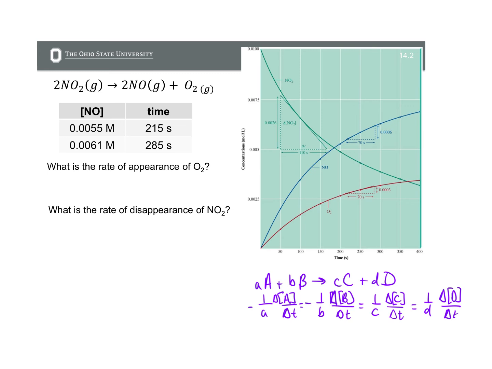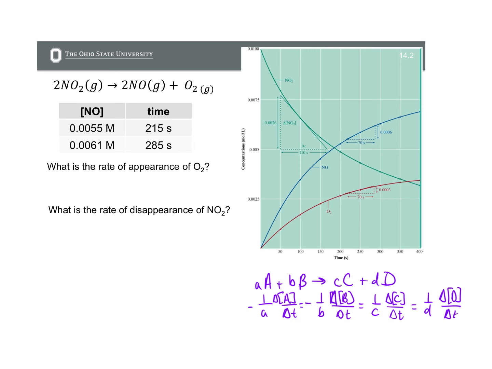For this problem, we only know things about the concentration of NO, right? But we know the stoichiometry for the reaction, which is good. We can relate that stoichiometry with the other reactants and products. So if we're thinking about the rate of appearance of O2, that's a product.